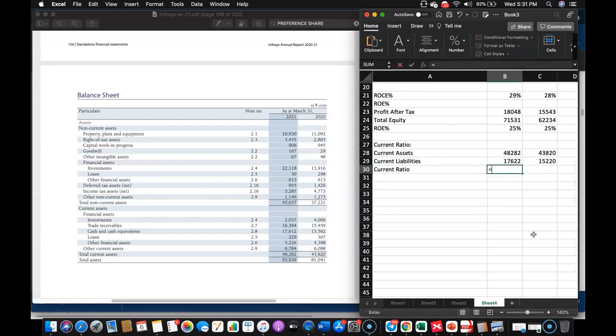Now let's calculate the current ratio. Current ratio is nothing but current asset by current liability. So 48,282 divided by 17,622 is 2.73. Whoever has listened to my current ratio lectures, I used to say a current ratio above 2 means they are carrying idle resource. They don't know what to do with that resource. That is visible even in the case of Infosys. They don't know what to do with so much cash, and that's why they are going for buyback.